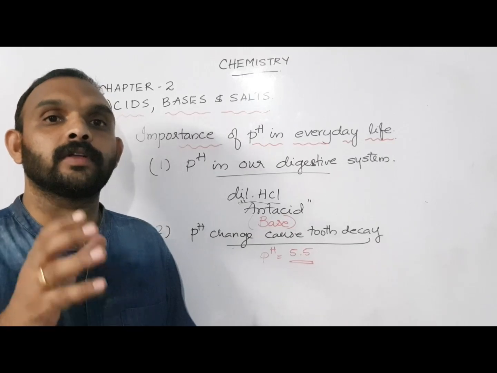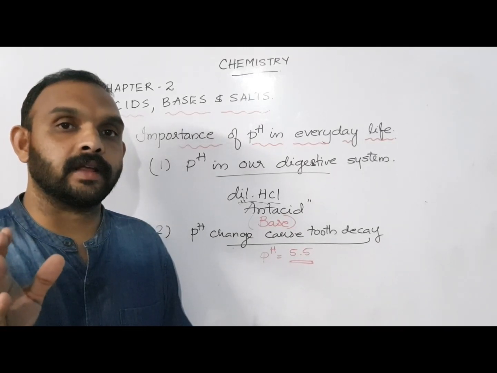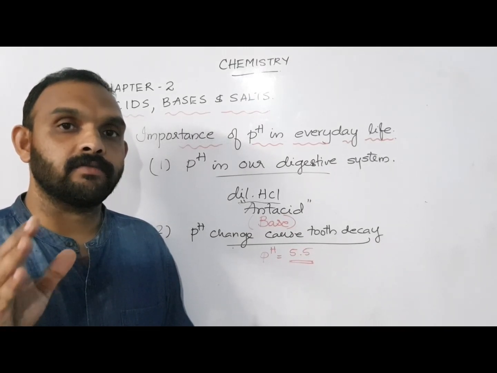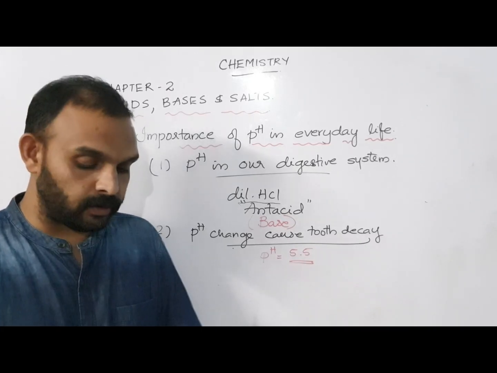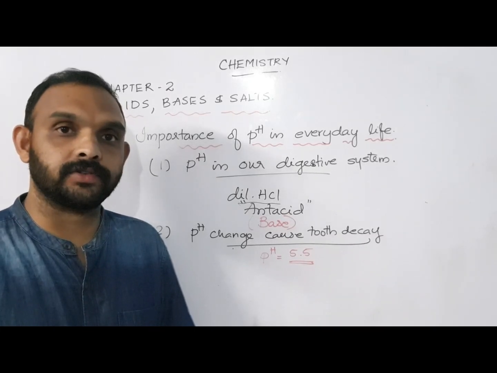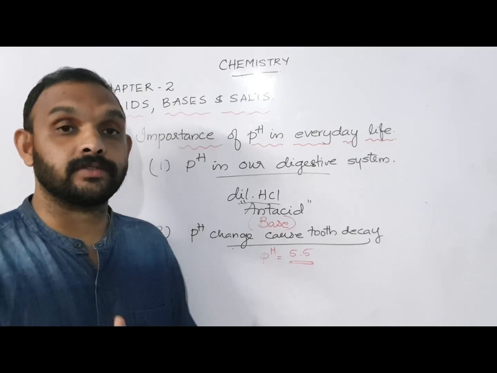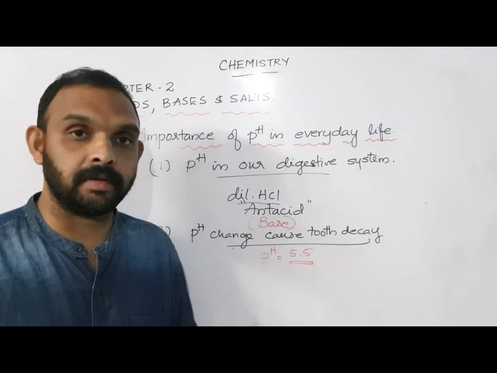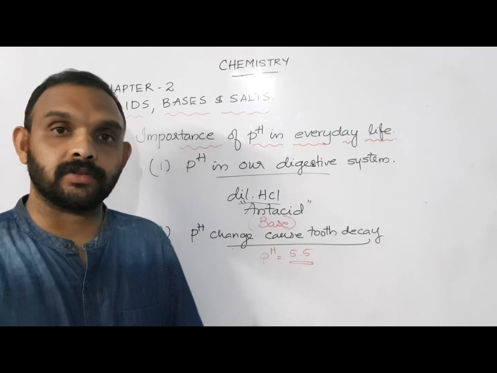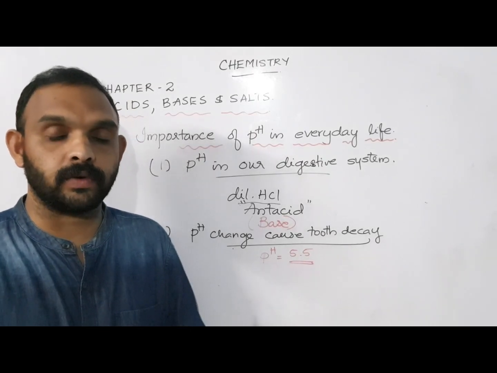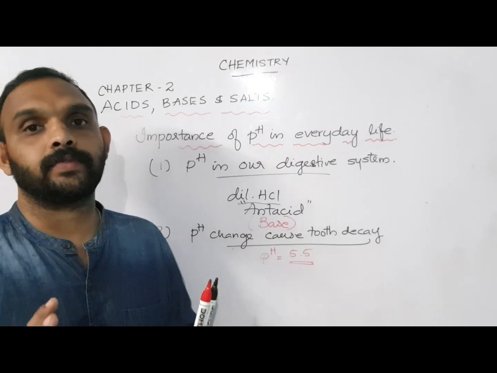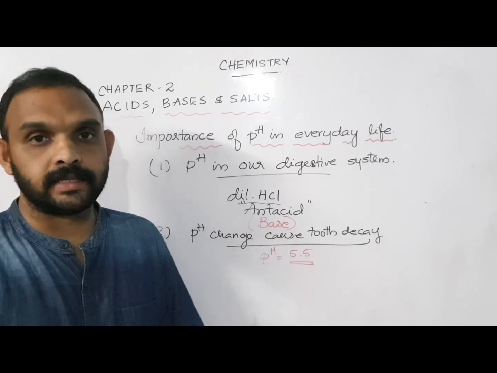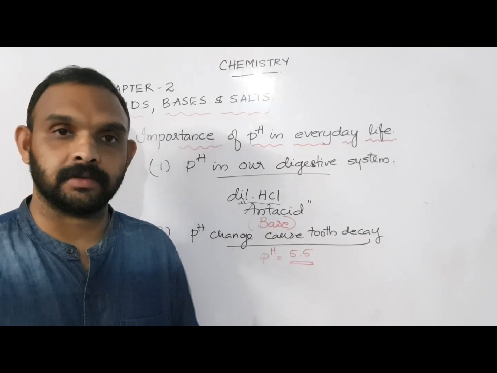So how can we get rid of this situation? We just apply some soap solution or calamine solution. Even in the case of a honeybee sting, just apply a calamine solution or soap solution over the affected area. That neutralizes the effect of the acid, and we feel comfortable.